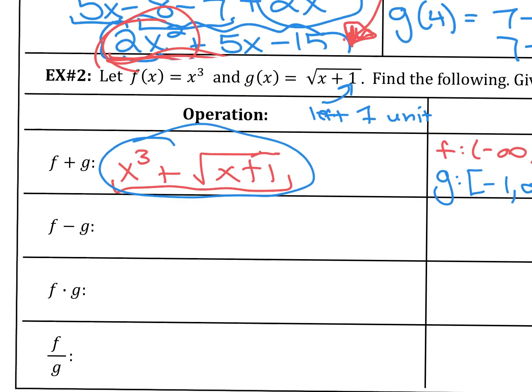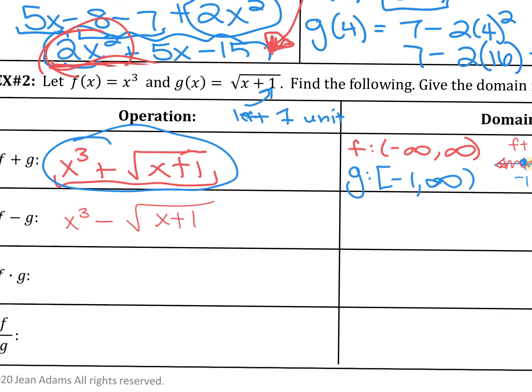Now, for the difference, we would take x cubed minus square root of x plus 1. Again, I cannot simplify those two functions. There are no like terms. I cannot combine an x cubed with a square root of x plus 1. Again, f and g, the individual functions, have the exact same domains.